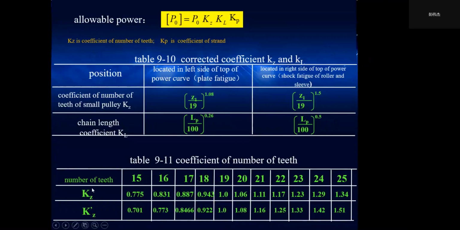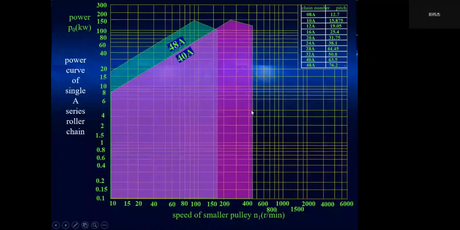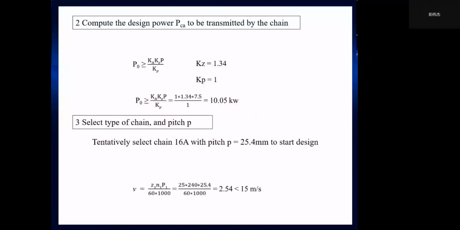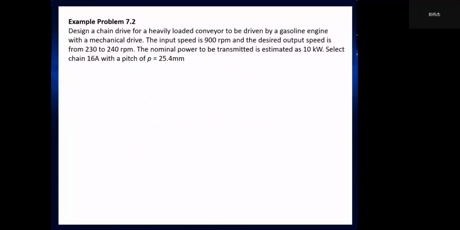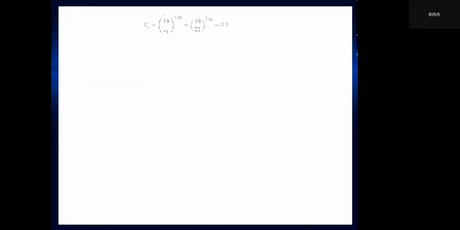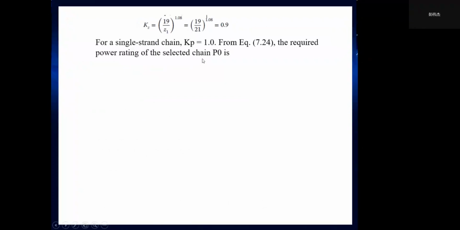You select the number of teeth as 21. KZ is 1.11. There may be a little difference between the selected one and the calculated one. For a single strand chain, KP is 1.